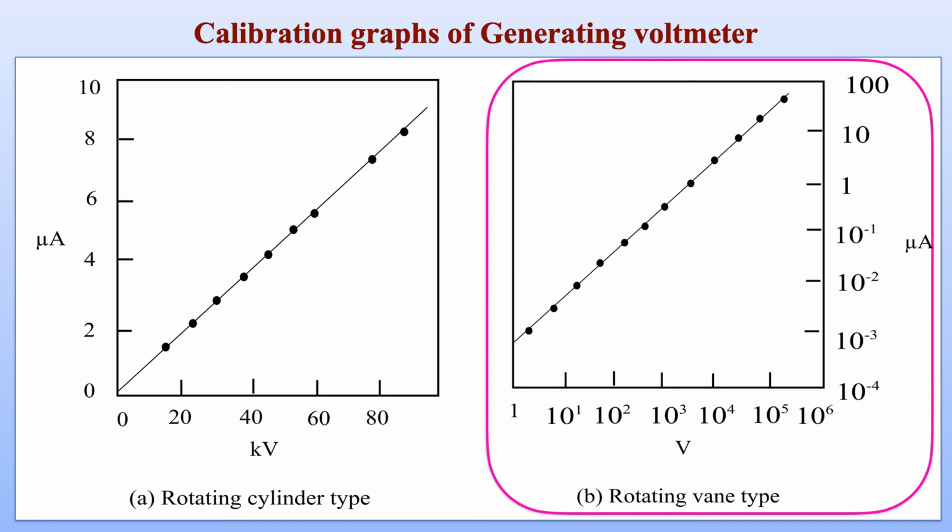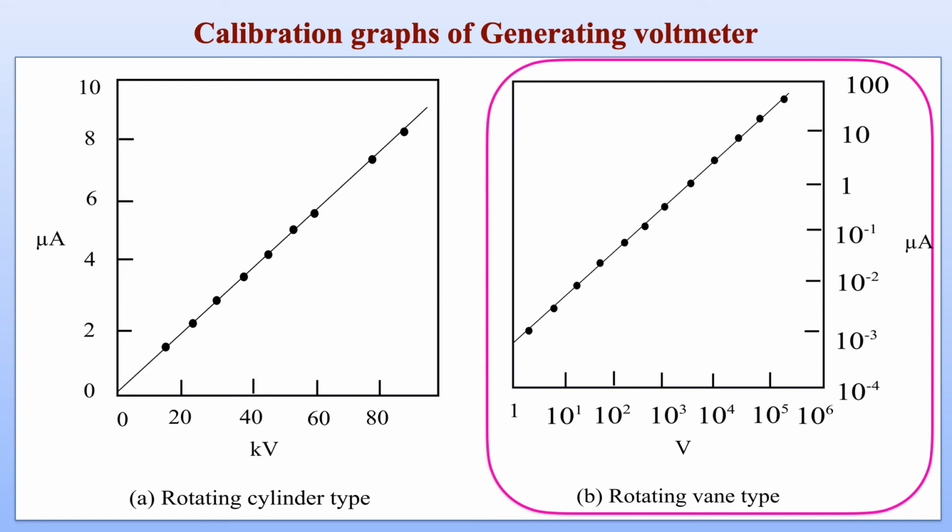Again we observe that the range of voltages here is much wider, from 1 volt to 1 megavolt, that can be measured by using this particular type of electrostatic voltmeter, and current may vary from 10 raised to minus 4 microamperes to 100 microamperes. So quite a wide range of voltages can be measured by using the rotating vane type, which is a more popular type of setup.